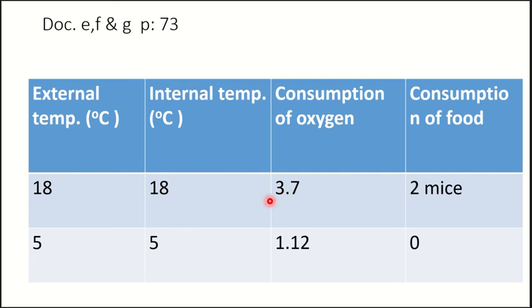The consumption of oxygen decreases from 3.7 at 18 degrees Celsius to 1.1, and the consumption of food also decreases from 2 mice to 0 mice at a temperature of 5 degrees Celsius. So we can see that the internal temperature of the snake and its consumption of oxygen and food depend on the external temperature.